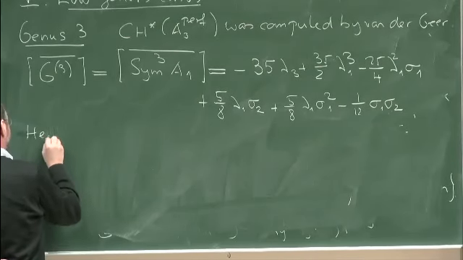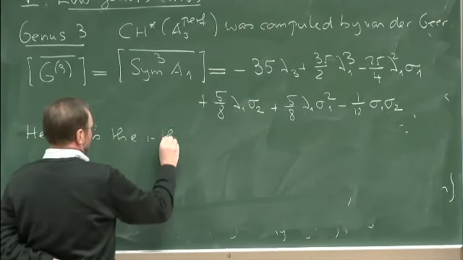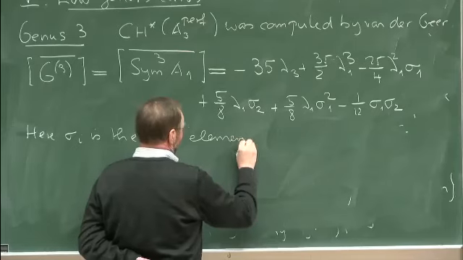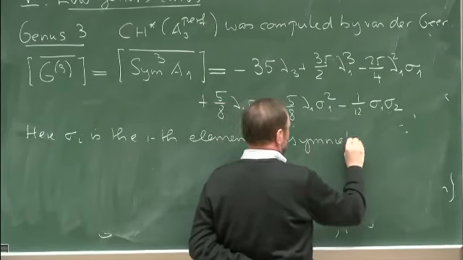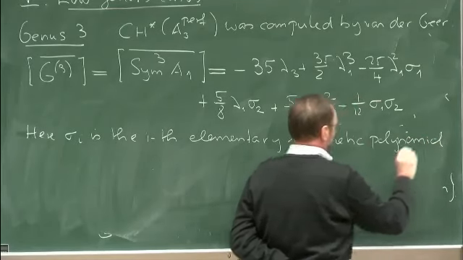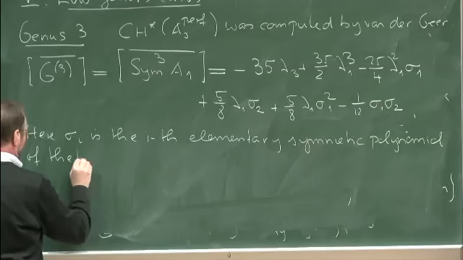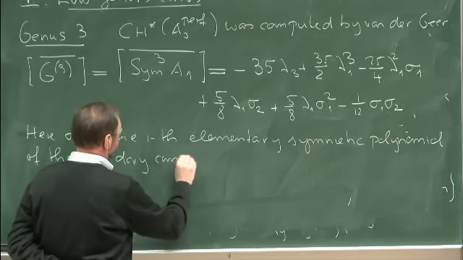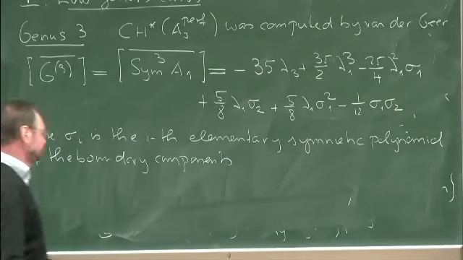Here sigma i is the ith elementary symmetric polynomial of the boundary components on some level cover.